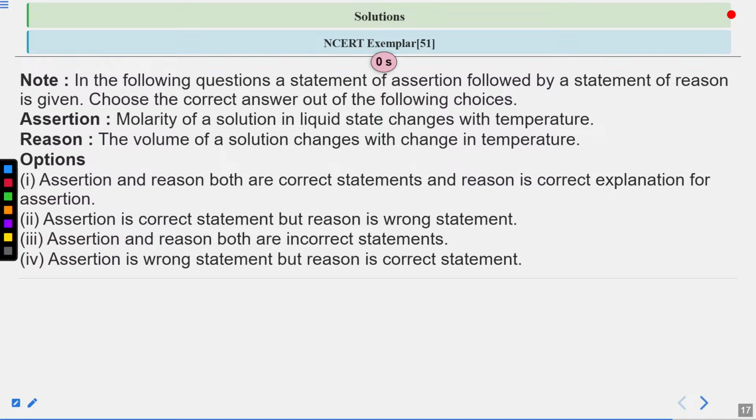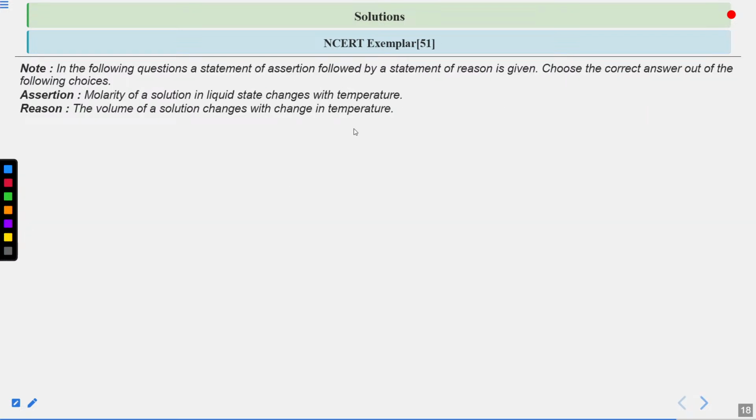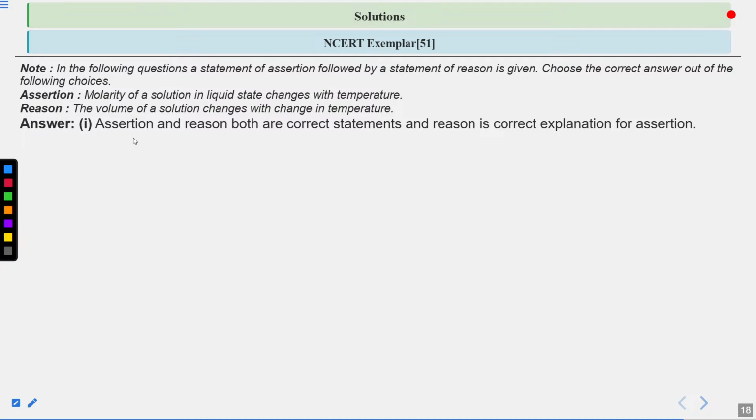Okay, let's see. For this given question, the correct answer is the first option, which is assertion and reason both are the correct statements, and reason is the correct explanation for the assertion.